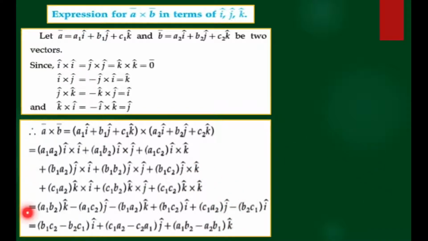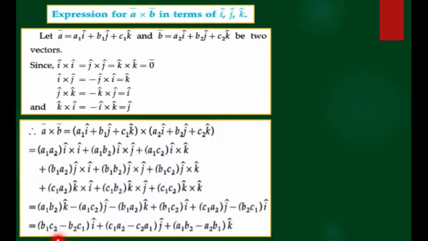Now see the like terms: k cap, k cap, j cap, j cap, i cap, i cap. So we take i cap common, j cap common and k cap common. First the unit vector i cap: the first positive term is b1 c2, then minus term b2 c1.